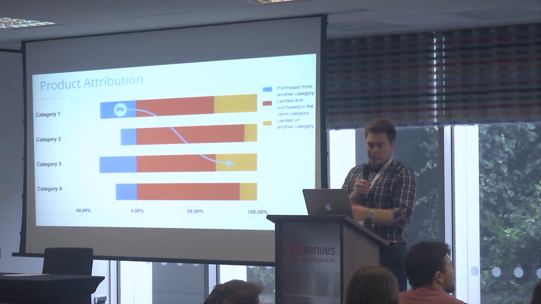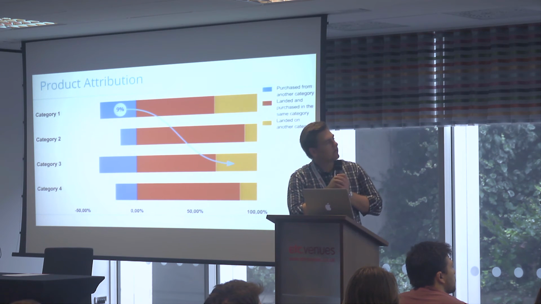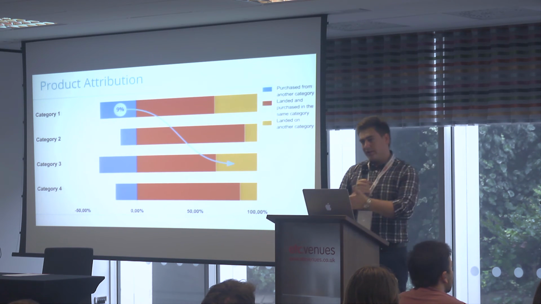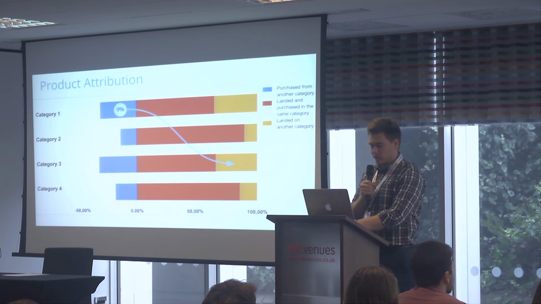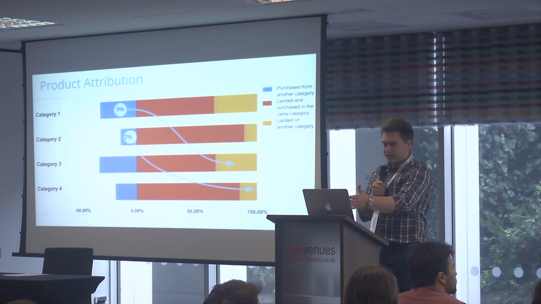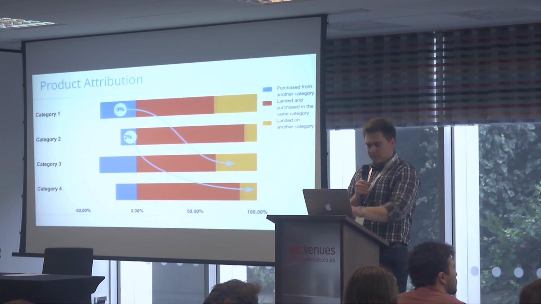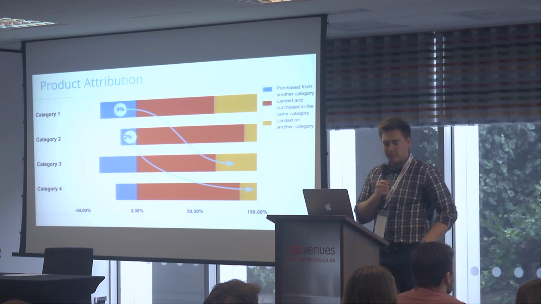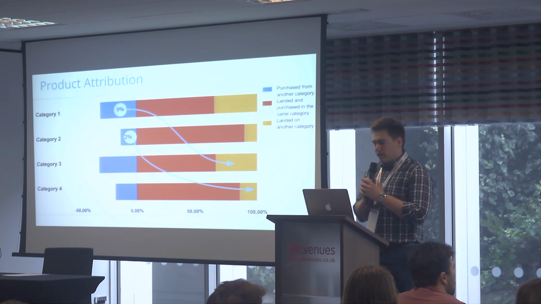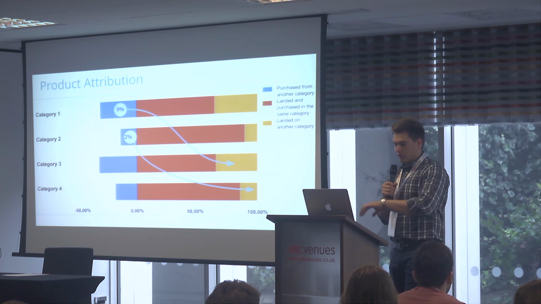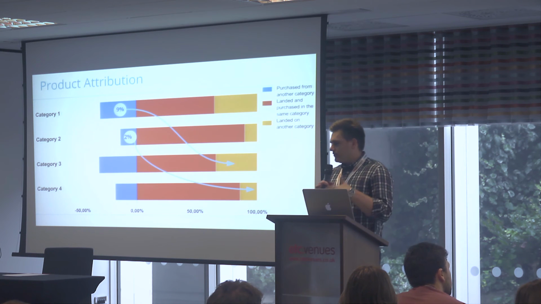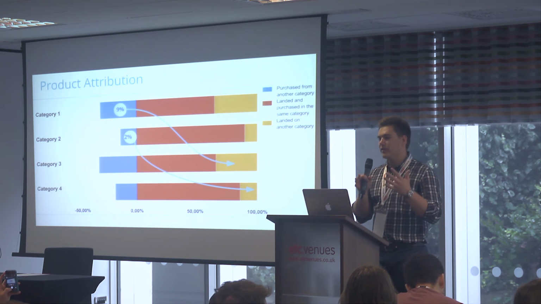And then you would realize that 9% of the category that you analyze, those users bought something from another category, like users that landed on category 4 bought something from category 2. This is not possible to do in GA because there are no such reports, and you cannot query data this way.